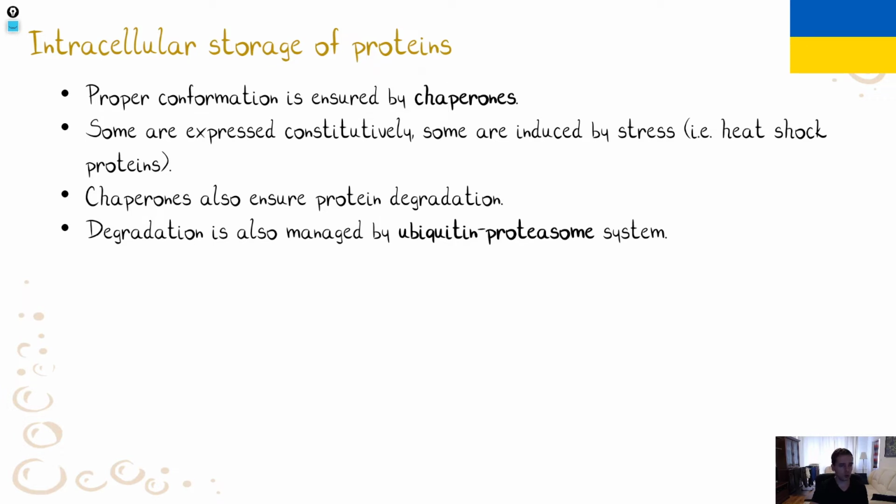The chaperones also ensure protein degradation. And apart from chaperones, the degradation is also managed by so-called ubiquitin, which marks the damaged protein, and then the protein is transferred to the proteasome, the so-called ubiquitin proteasome system or complex is created, and the protein is degraded.